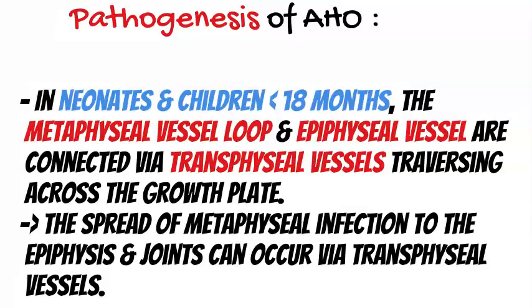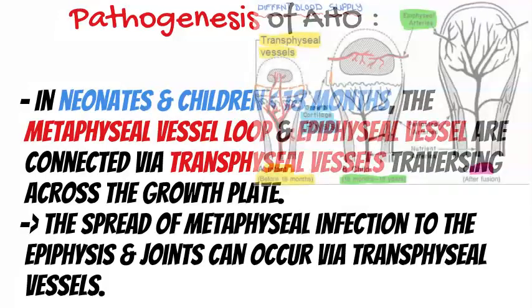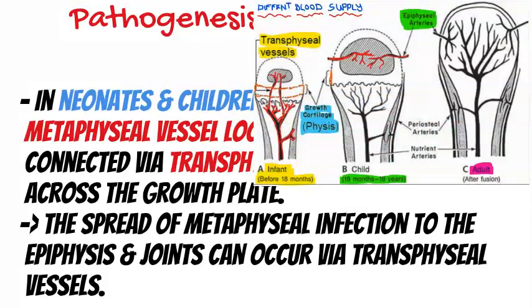This figure illustrates the difference in blood supply in the bone, starting from infants less than 18 months of age who have transphyseal vessels, then transitioning to adults after the growth plate is no longer present.